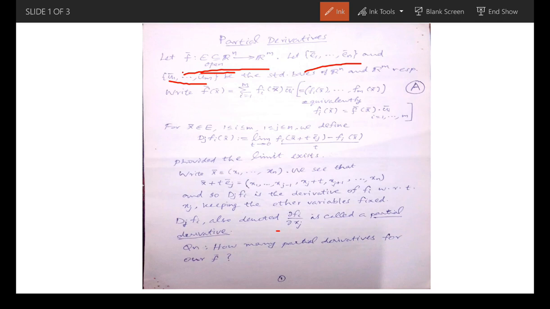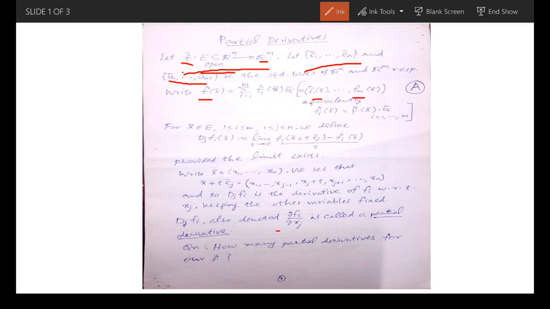Okay, now f is a vector valued function. How many components f has? F is a function from E to Rm. So f has m components. So the components of f be f1 etc. fm.